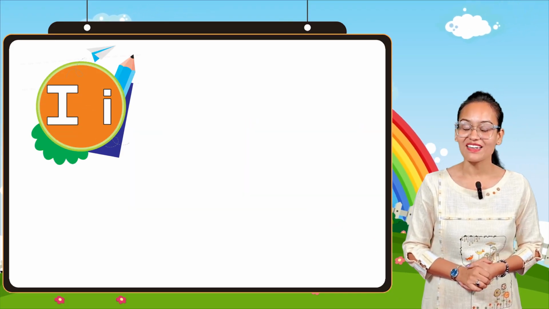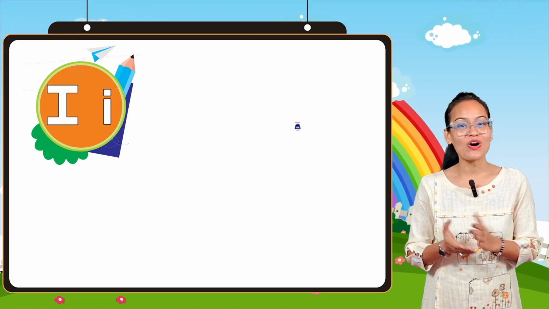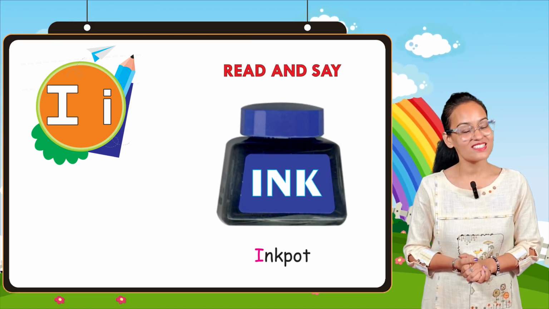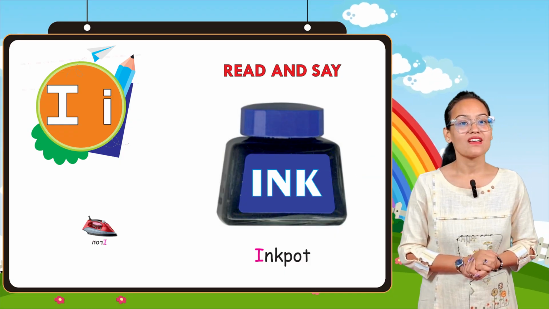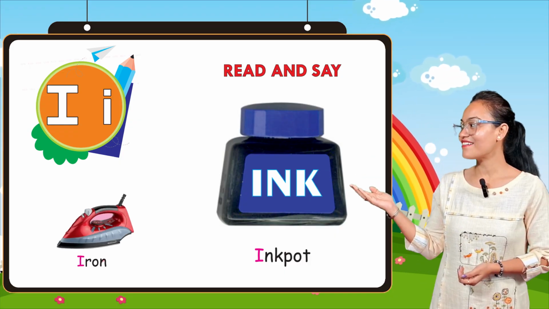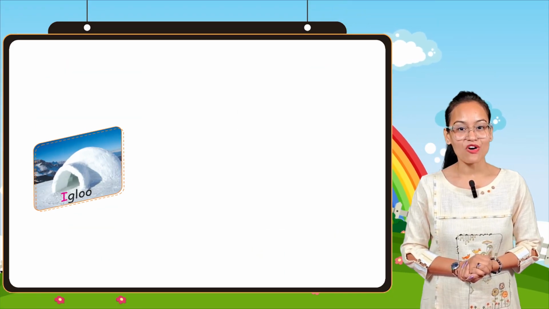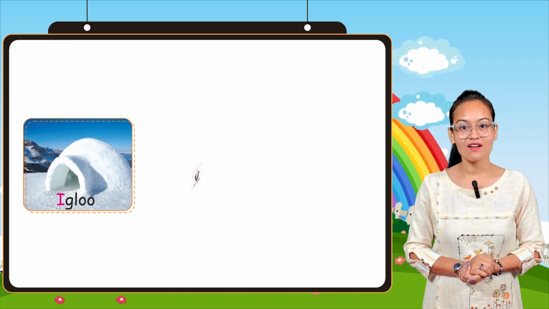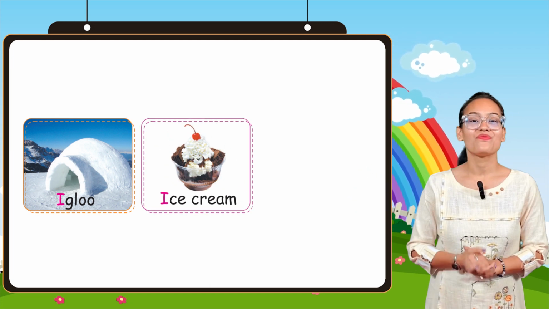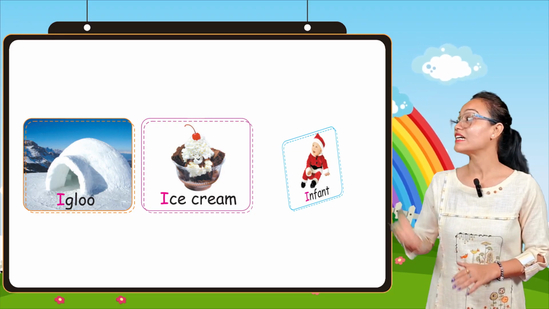Alphabet I. Capital I, small i. Read and say: I for inkpot, I for iron, I for igloo, I for ice cream, and I for infant.